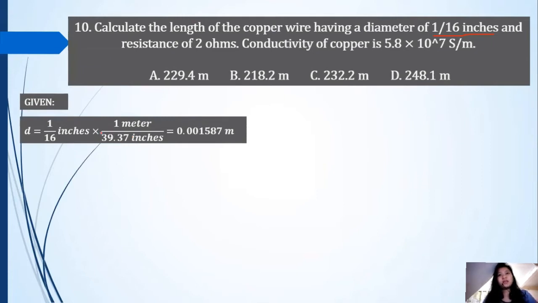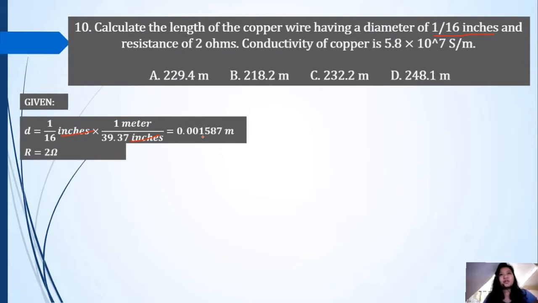So we will multiply it by 1 meter over 39.37 inches, canceling the inches unit. So we have the meter. The answer is 0.001587 meters. That is our value for the diameter in meters.